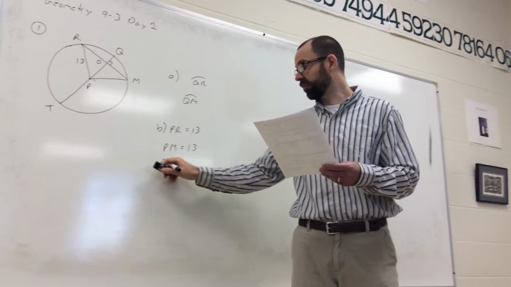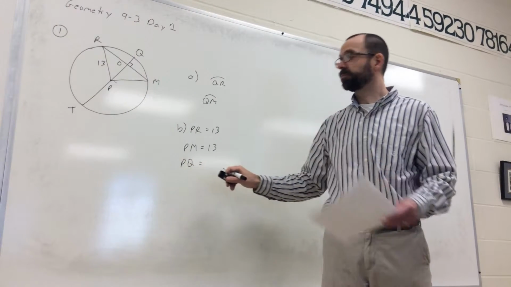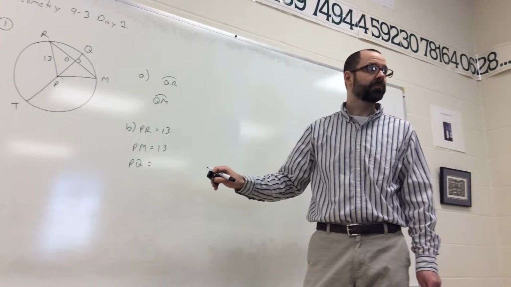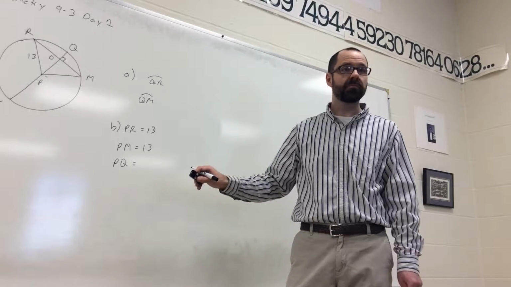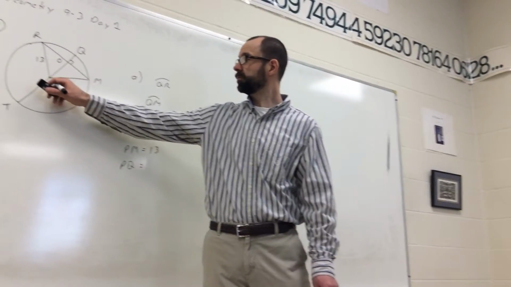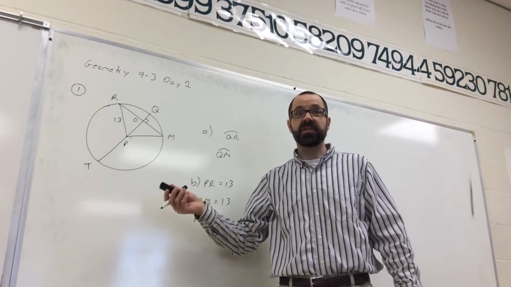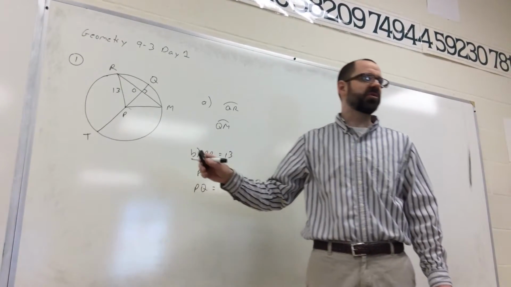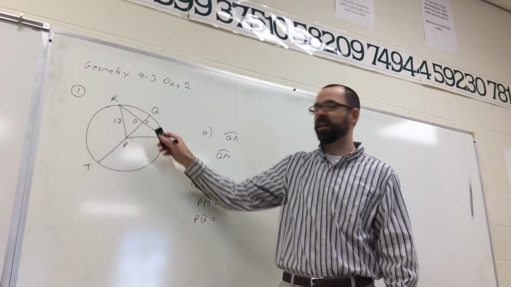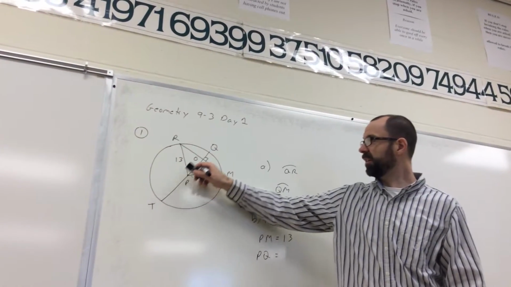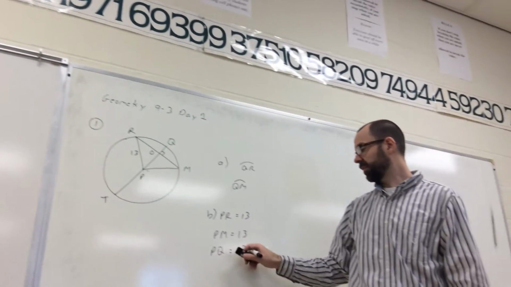So then how far from P to Q? Yes. Also 13 because it's another radius, right? That one's a little bit stranger because there's a line cutting it, but still from P to Q is 13.